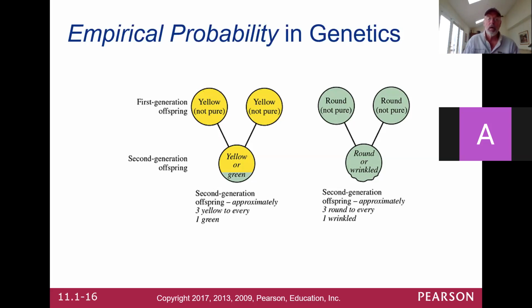This was seen in the yellow and in the round scenario here. So 3 out of 4 were yellow, and 3 out of 4 were round.